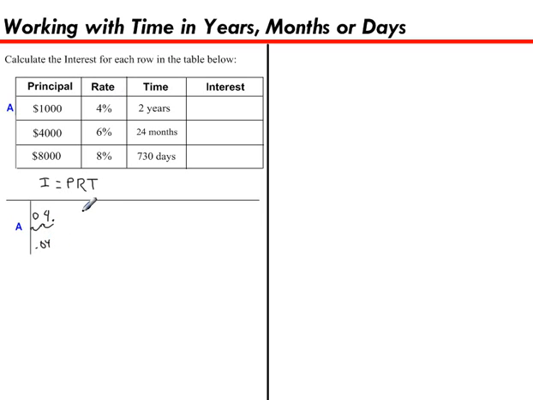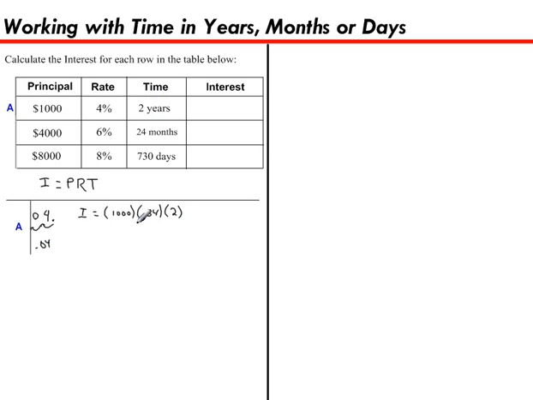Now that that's converted, I can go ahead and solve for the interest in this problem. So I'll say I is equal to, the principal is $1,000, so I'll add the 1,000. The next variable is R, the rate, which we just converted to 0.04. And finally, T, time, is given nicely as 2 years, so I don't need to convert that in this step. I can just add a 2.